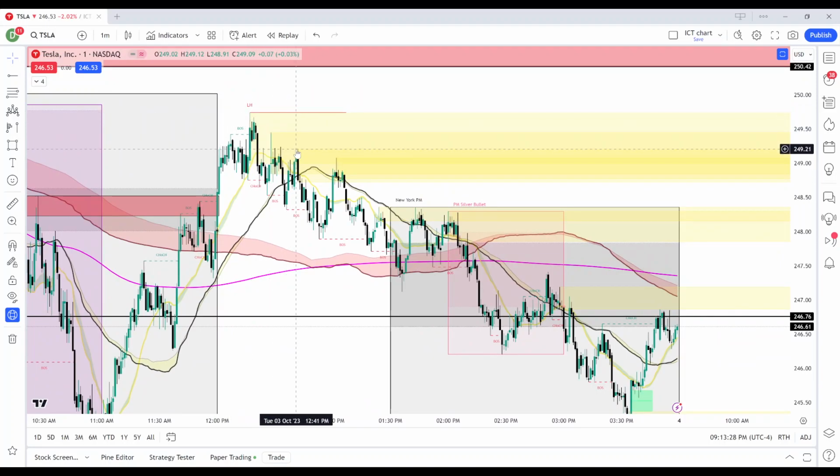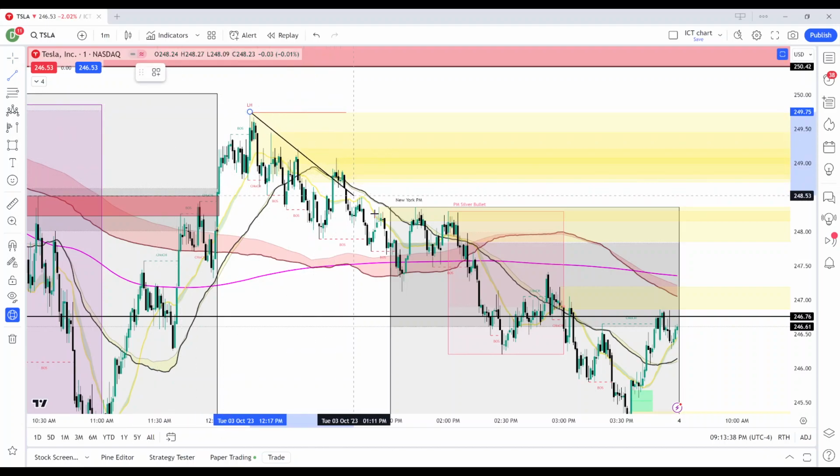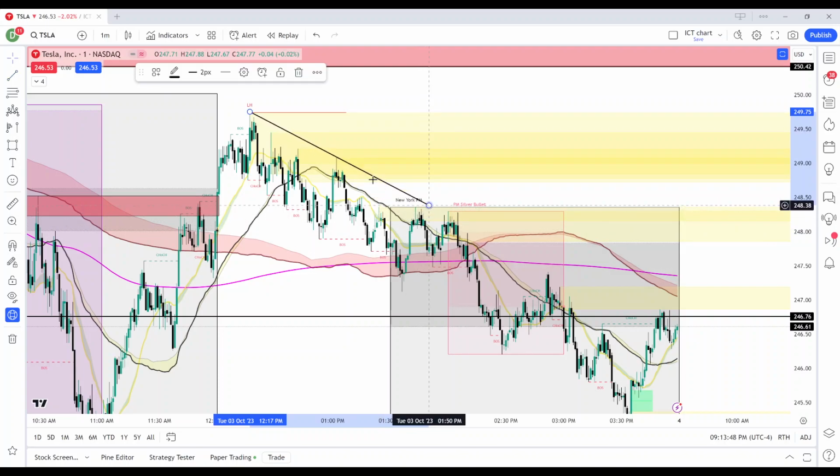So we start to see these lower lows and we can say, okay, price is trending down. So we're going to use our trend line tool and we're going to connect some of these. Okay, and as price expands through, you can still see it offer some kind of support, but as you see some of these wicks, you got to adjust your trend line sometimes. So we're going to use this wick even though we got lower highs here, here, and here.